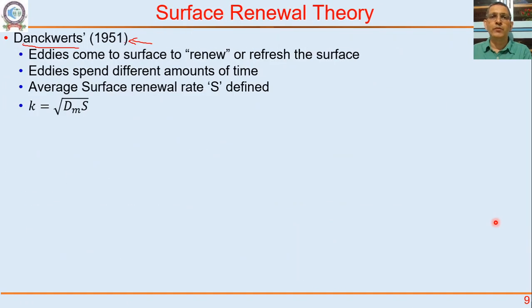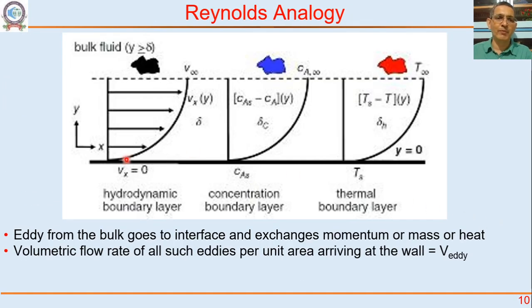Okay. So we talked about boundary layer. So imagine there is a momentum boundary layer, there is a concentration boundary layer, and there is a thermal boundary layer. So imagine there is an eddy here. This eddy comes and goes here and transfers its momentum. Eddy goes from bulk to the interface and exchanges momentum, or eddy goes from bulk containing some concentration, goes to the surface, exchanges or releases concentration or transfers material.